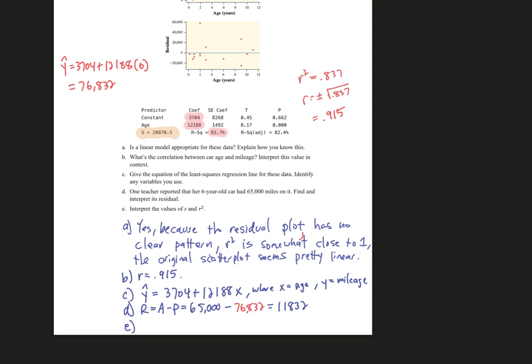And then the R squared here is 83.7%. So just say that 83.7% of the variation in the y value, which is mileage in this case, is explained by the linear relationship with x, which equals the age. So something like that.